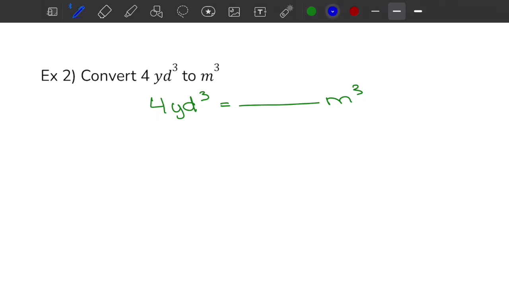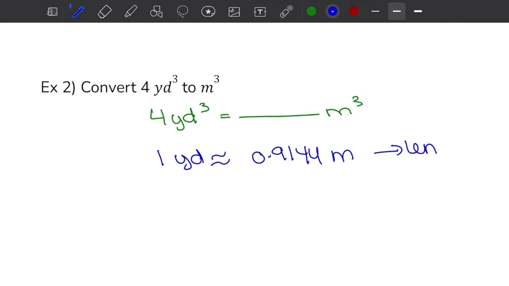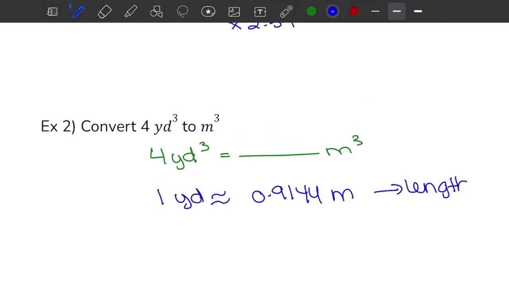So let's write that down. 1 yard is approximately 0.9144 meters. And again, this compares the length, but we're interested in the volume.